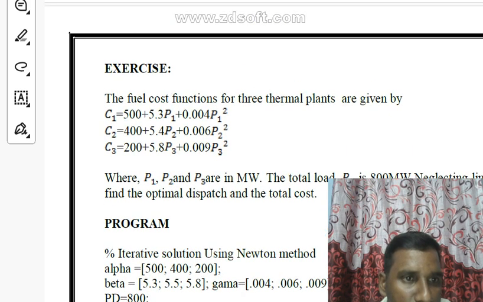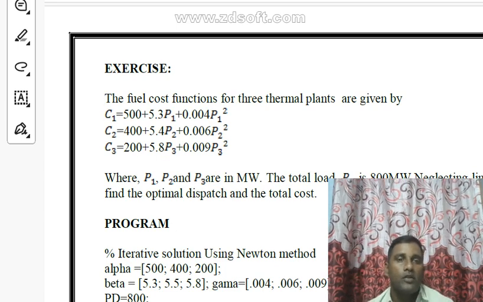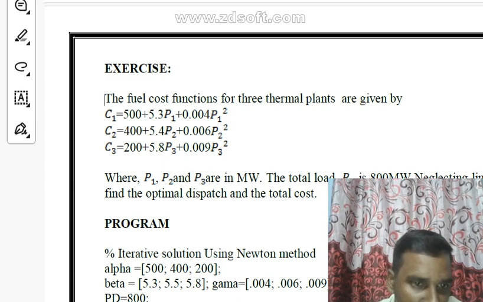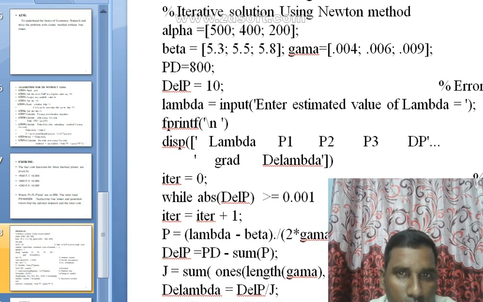Similarly, C2 is equal to 400 plus 5.4 P2 plus 0.006 P2 square. C3 is equal to 200 plus 5.8 P3 plus 0.009 P3 square, where P1, P2 and P3 are in megawatts. The total load PD is 800 megawatts. Neglecting the line losses and generator limits, find the optimal dispatch and total cost of these generating stations.